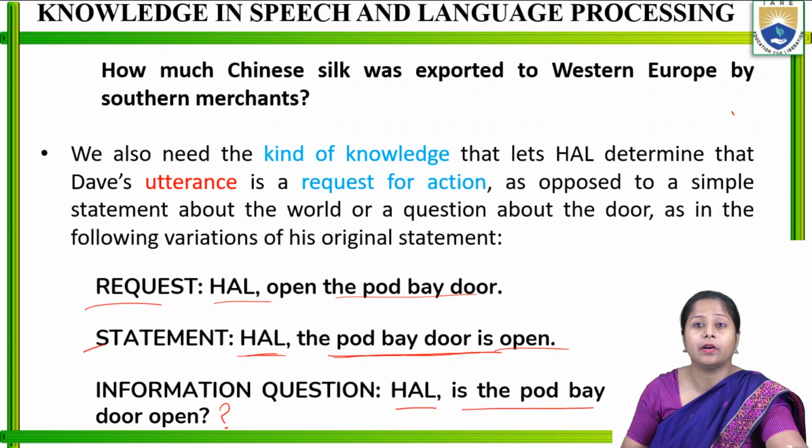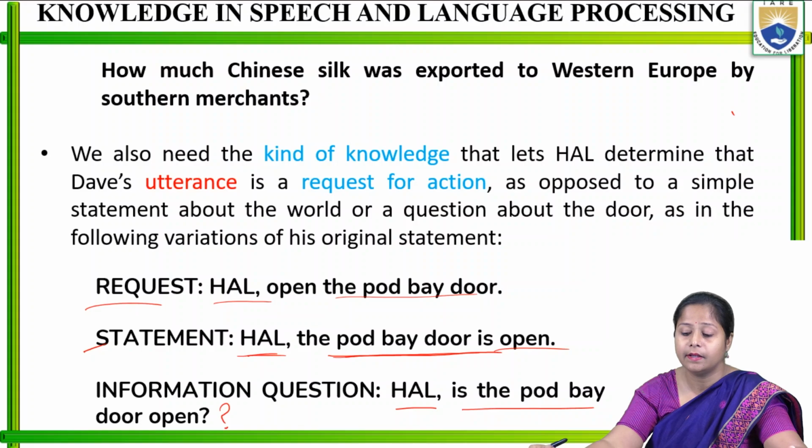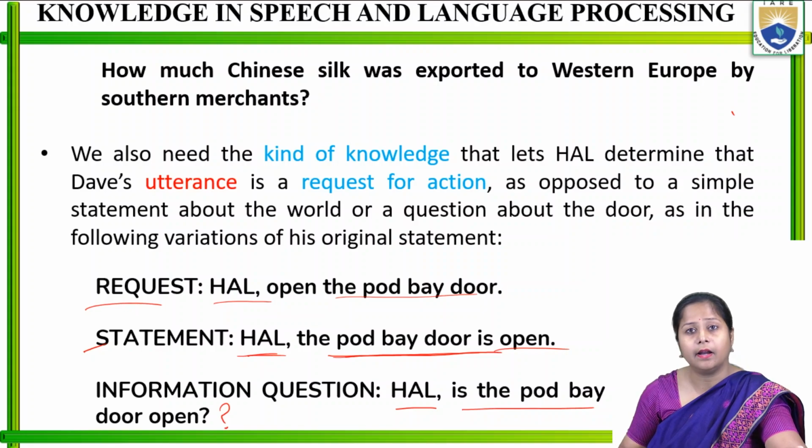So that is the kind of knowledge that will be converted into action, through simple sentence interpretation in the form of questions and answers given by the HAL system. That's how the knowledge will be interpreted in different systems.